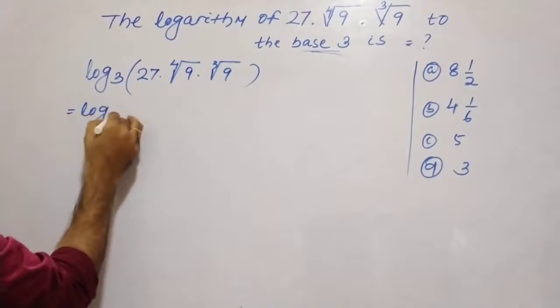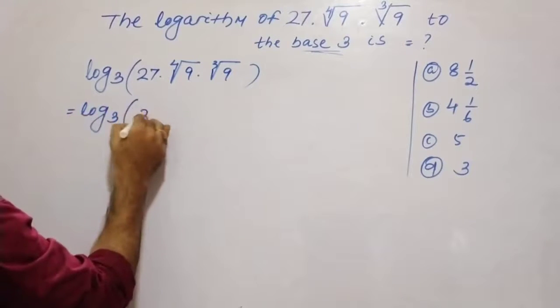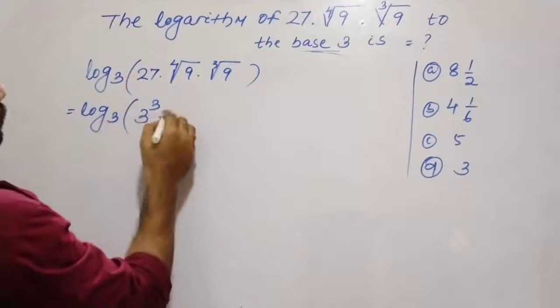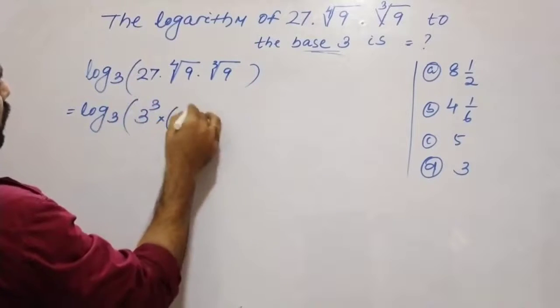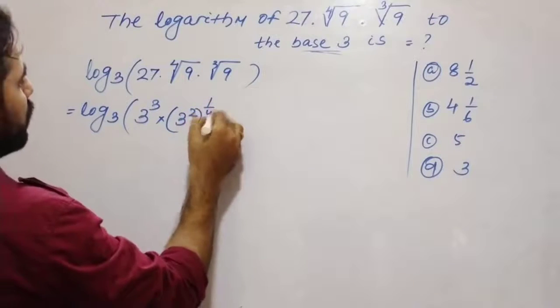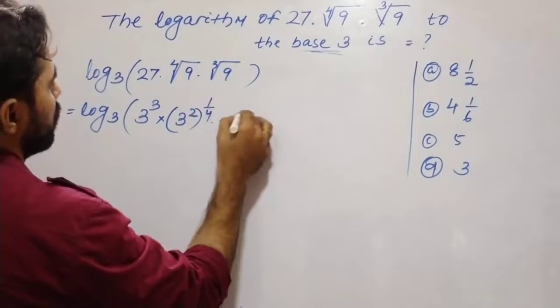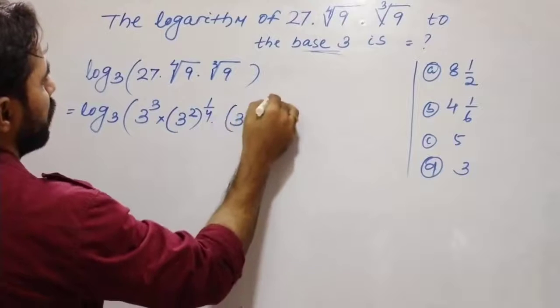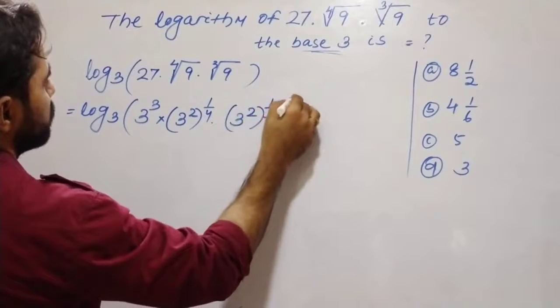So log base 3 of 3 to the power 3 into (3 to the square) to the 1 by 4th, into (3 to the square) to the 1 by 3.